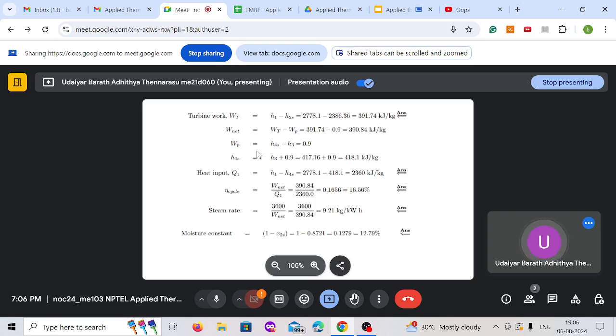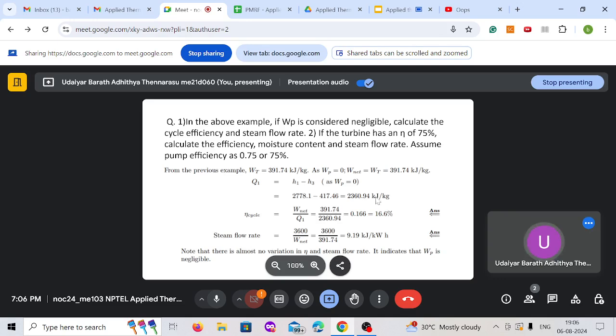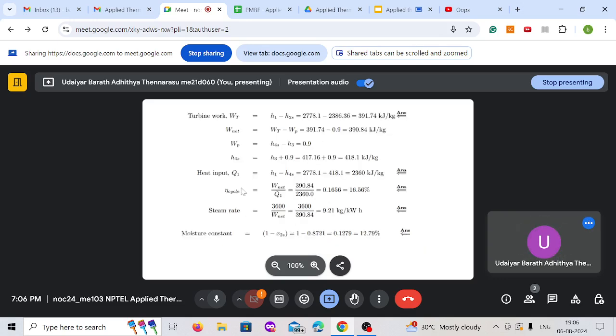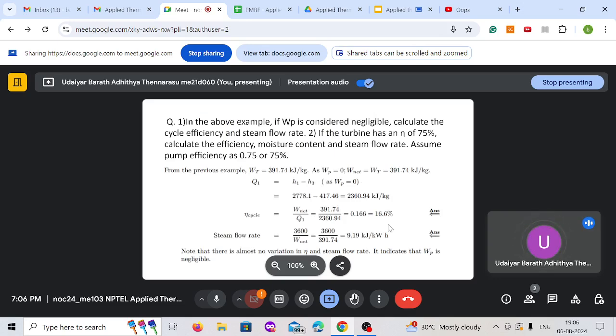The pump work is just 0.9 kilowatt, so it's a very small work and it's not affecting much. You can straight away neglect it. So you have the previous cycle efficiency of 16.56%, now you have the cycle efficiency of 16.6%. It's a very minute change.